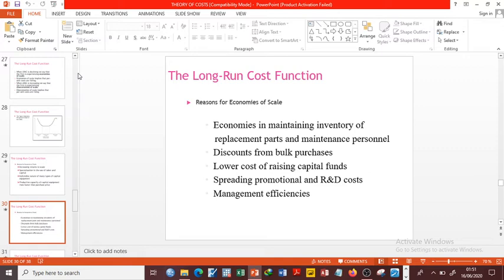Then spreading promotional and research and development costs. Keeping other factors constant, if you advertise and you carry out research and development for your farm, it is assumed that it will increase your sales. You'll sell more and you reduce the costs. Then management efficiencies. For every farm, management has a very big upper hand in determining the operation of the farm.